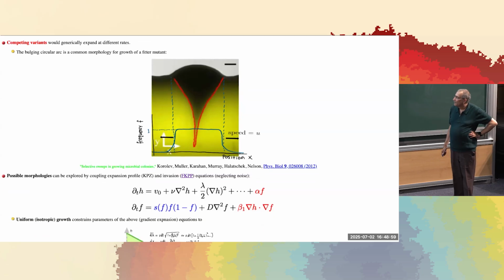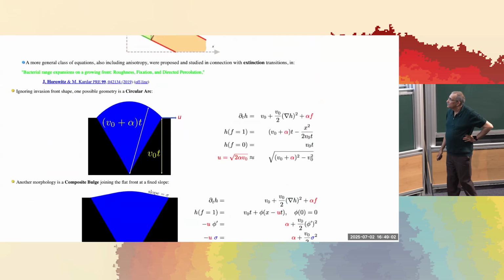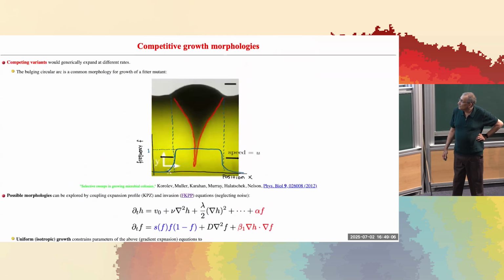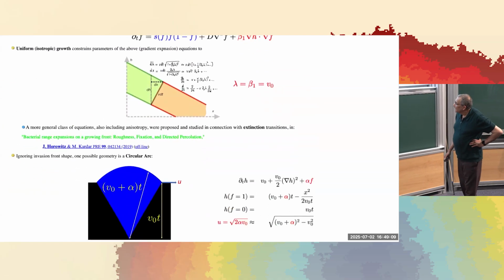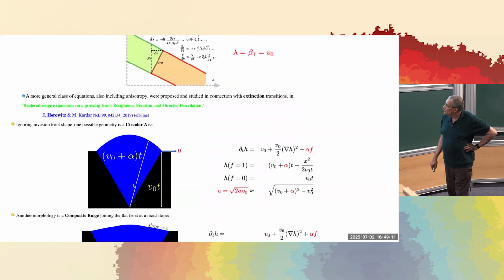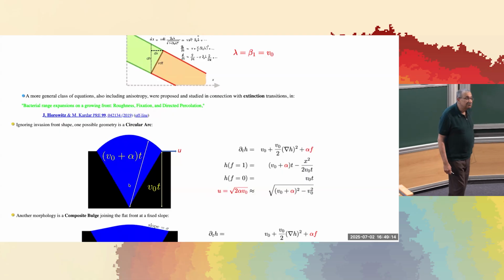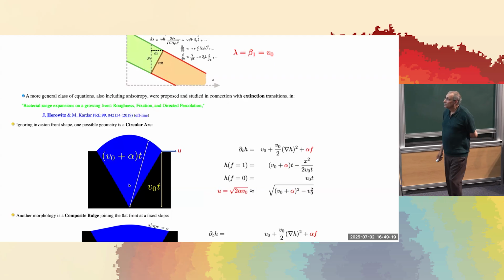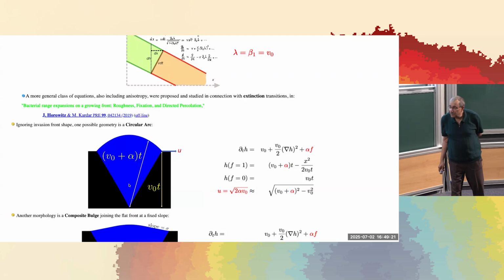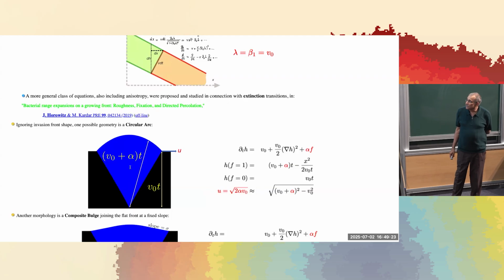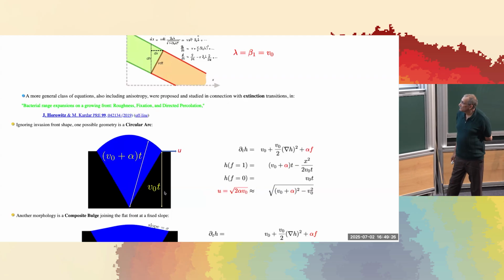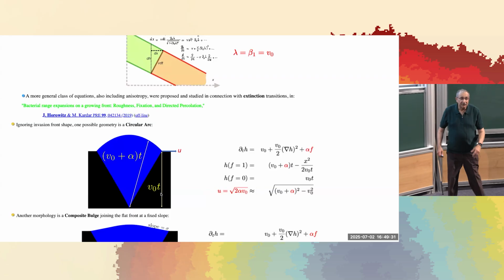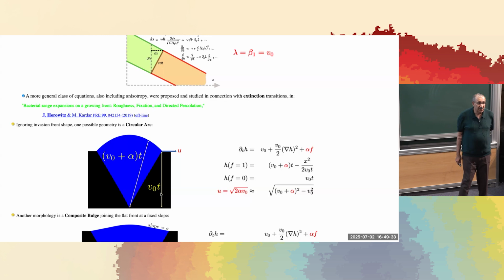Okay. Now, what are potential solutions to these equations? One solution that looks like this is that the blue, which wants to grow with velocity v0 plus alpha, will just bud out and form a semicircle, or part of a circle, that is growing with velocity v0 plus alpha. The other part grows just linearly, v0 t, and I just have to patch those solutions together.